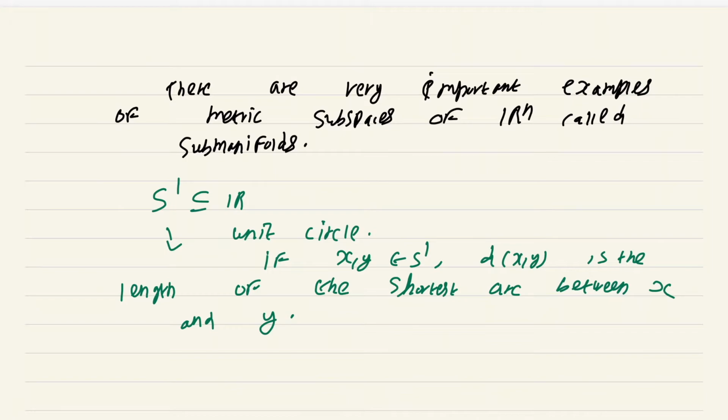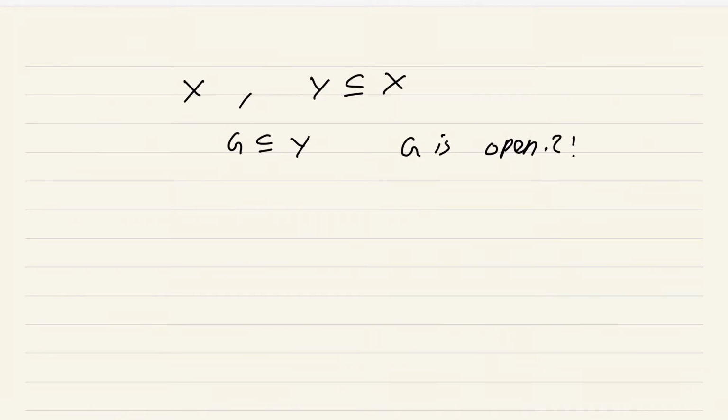Now, since we have dealt with subspaces, when you make statements like, suppose I have this metric space X and I have a subspace Y subset of X. Now if I have a set G subset of Y and I say G is open, then what does this even mean?